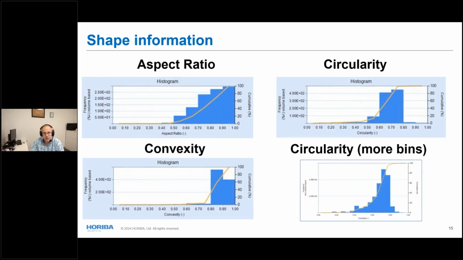The nice thing about this is that you can extract aspect ratio, circularity, convexity. Here's a different display of circularity for the same sample with more bins. This probably falls under the heading of sample handling in the sense that it really is an accessory. It adds slightly to the volume of the system, but not much, and still lets you automatically clean the whole system.